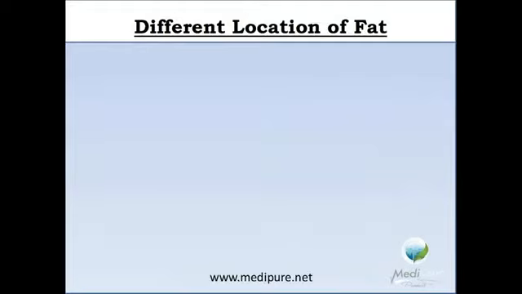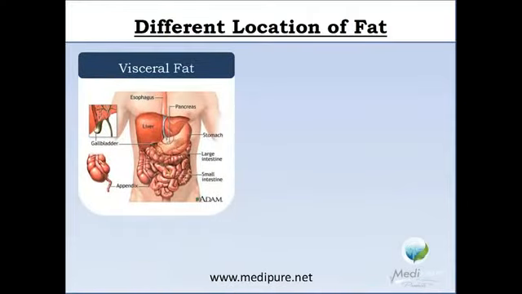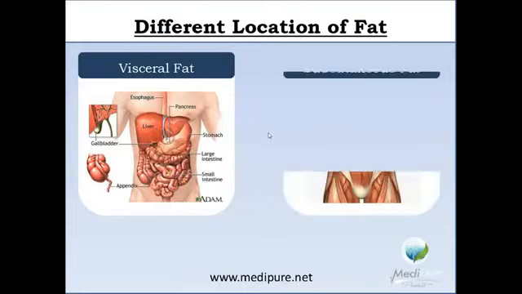So I want to discuss today a little bit different locations of fat and how it affects our health. First I want to outline what visceral fat is. The viscerals refer to the organs, and visceral fat is the fat that is surrounding the organs. It plays an important role, just like other fat does in our body, and is found within the abdominal cavity.